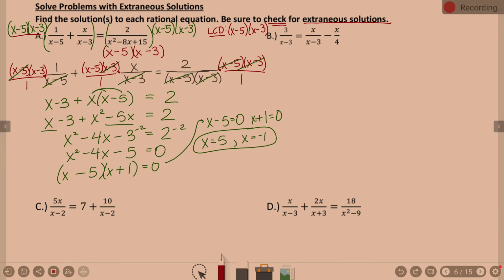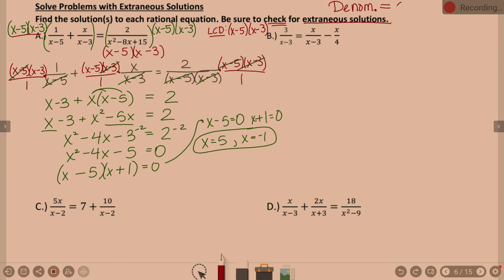The shortcut is we're dealing with fractions. What do we know about fractions? What do we know about the denominators of fractions? What's true of a denominator? A denominator can never do what?